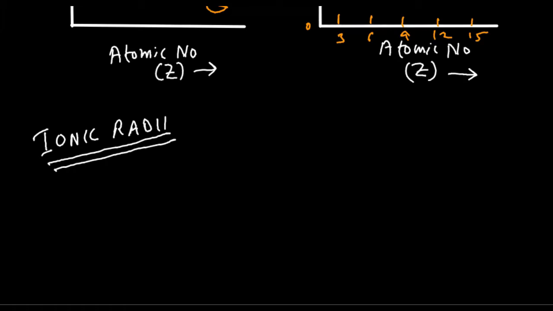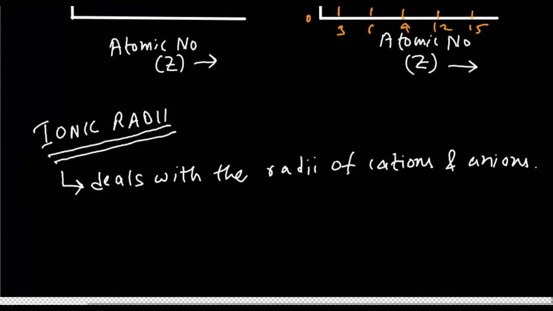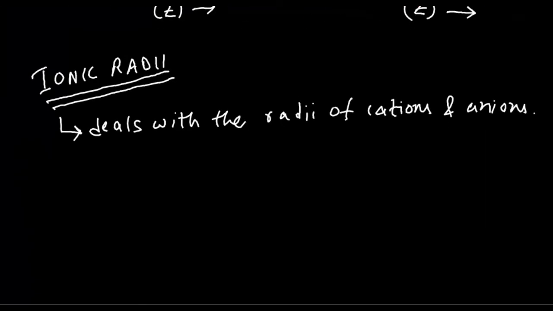This is almost the same as atomic radius. Ionic radii deals with the radii of cations and anions.